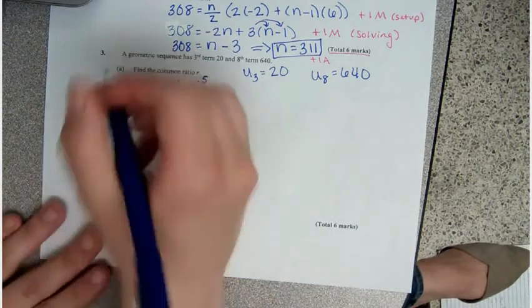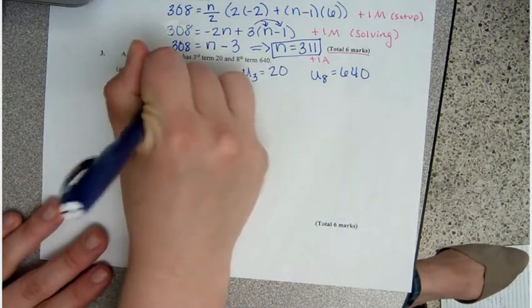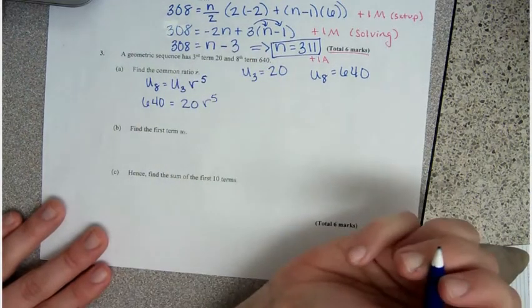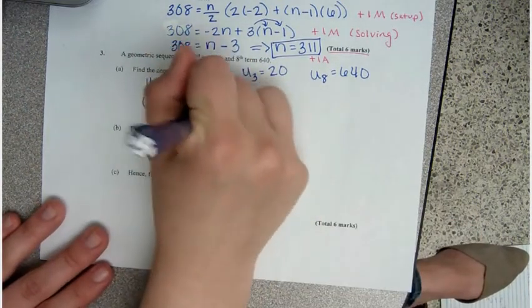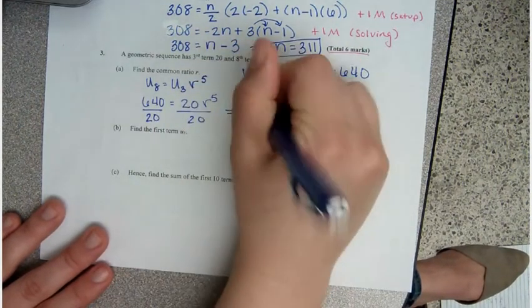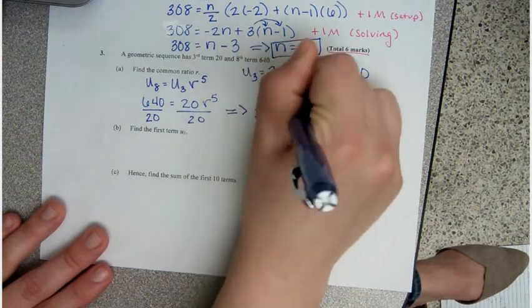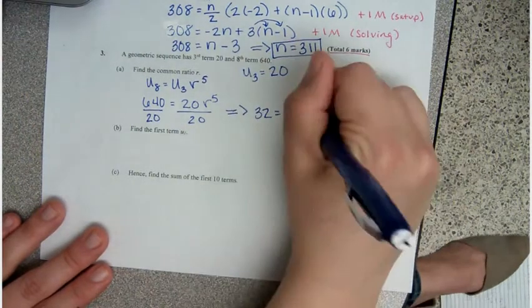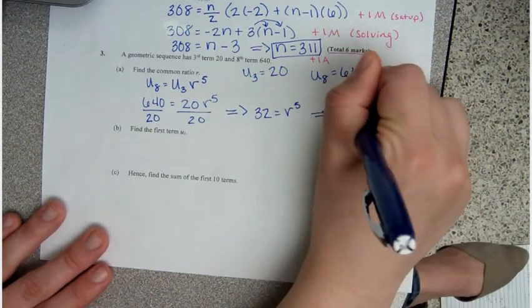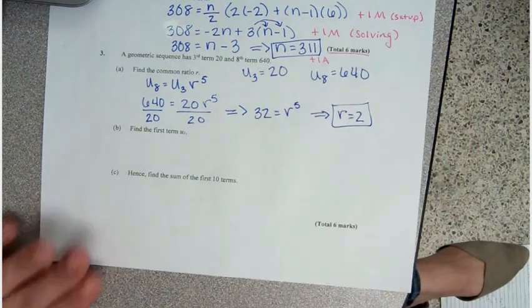So 640 should be equal to 20 times R to the 5th. When we divide both sides by 20, we should get that 32 is equal to R to the 5th. And when you take the 5th root of both sides, you should get that R is equal to 2.